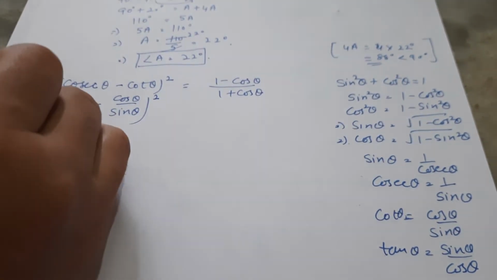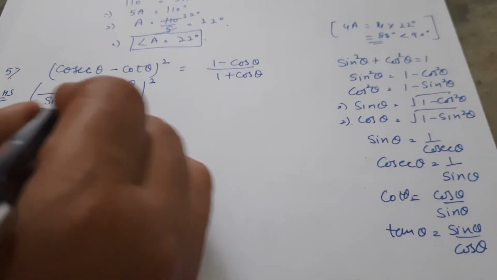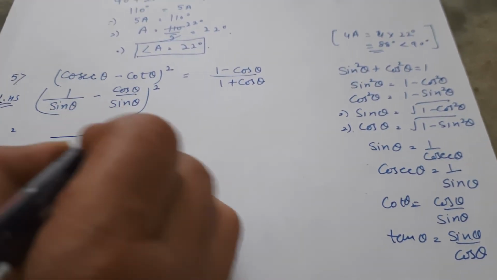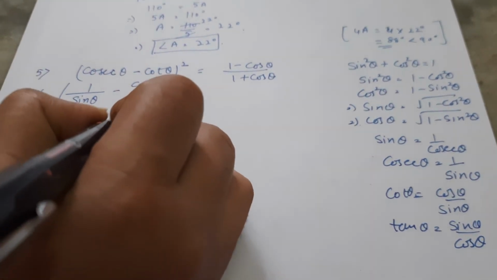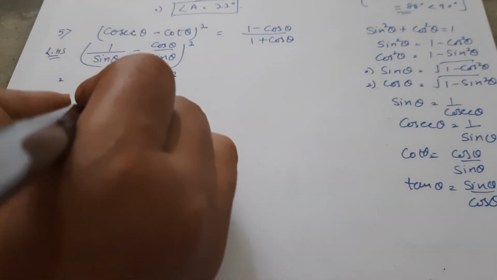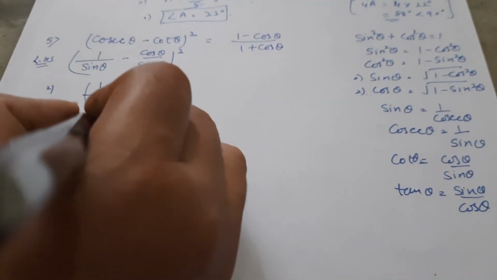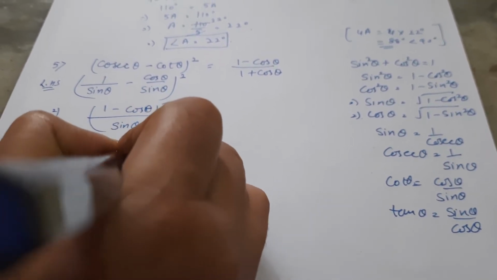Here it's a square, so we can take the left hand side. When we solve this, you can see the LCM is the same. So sin theta is the LCM, 1 minus cos theta whole square, and we can take this square separately. So 1 minus cos theta whole square upon sin square theta.